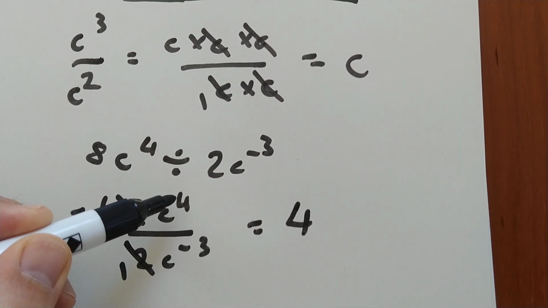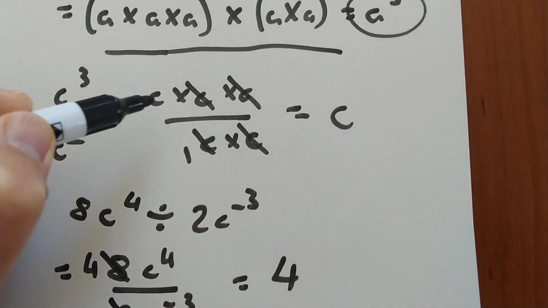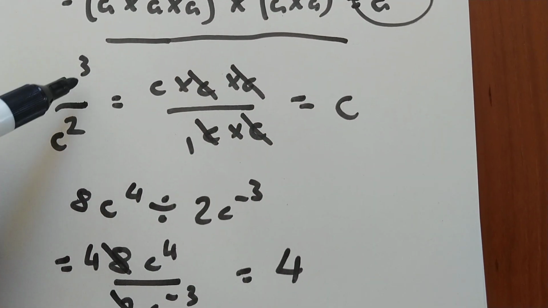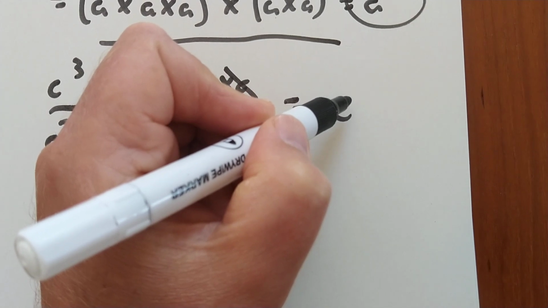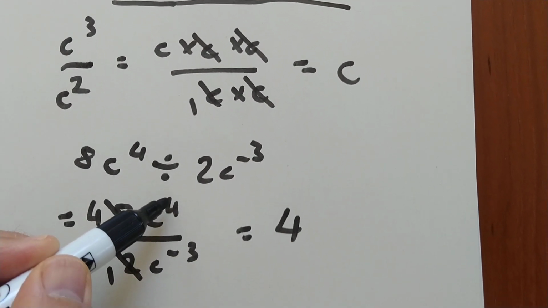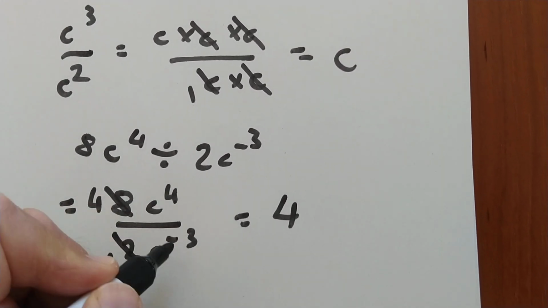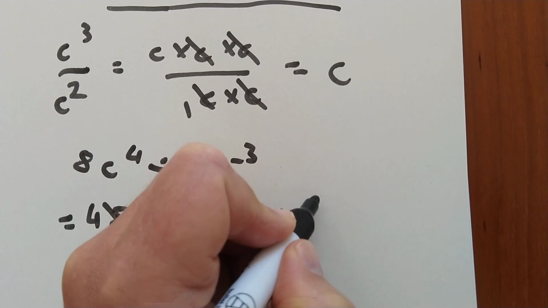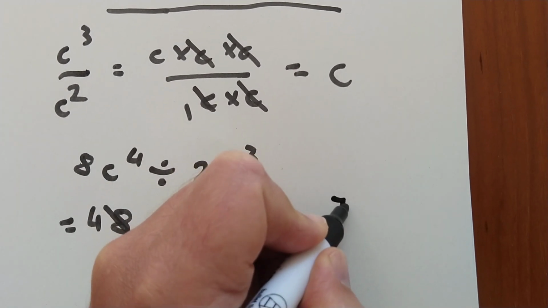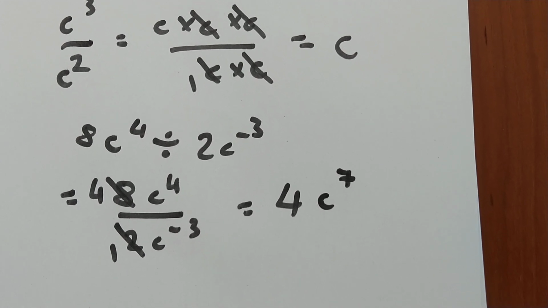C to the power of 4 over c to the power of minus 3. In the same way as my example here, I subtracted my powers to get my c to the power of 1. I will subtract my powers here. 4 take away negative 3, which of course is not 1. 4 take away negative 3 becomes 4 plus 3, 4c to the 7. And that's done.